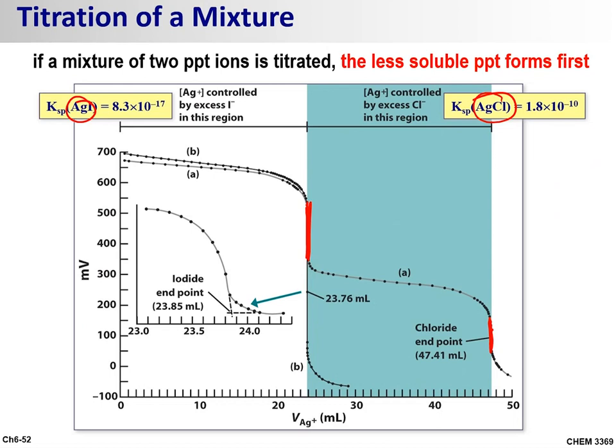And the second endpoint will occur when all chloride is used up. So now, prior to the first equivalence point, again, we will have very low concentration of silver plus that is governed by the solubility of silver iodide.